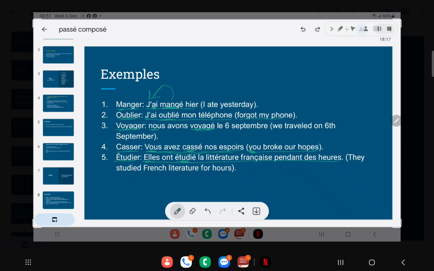Whereas for avoir, the participe passé forms don't care, they remain unchanged. So that's that. With être, add an extra E when we are dealing with feminine. If it's feminine plural, you add an extra E plus an S. If it's just masculine plural, you just add an S. With avoir, we don't do that. You just add your accented E and be on your way. So that's that for now.